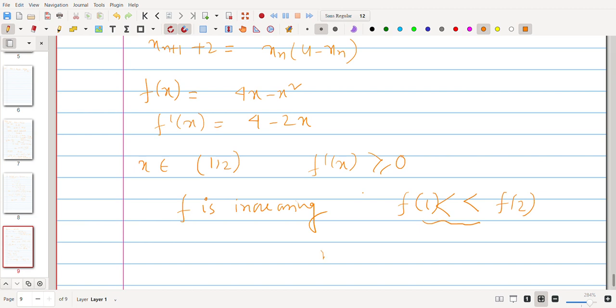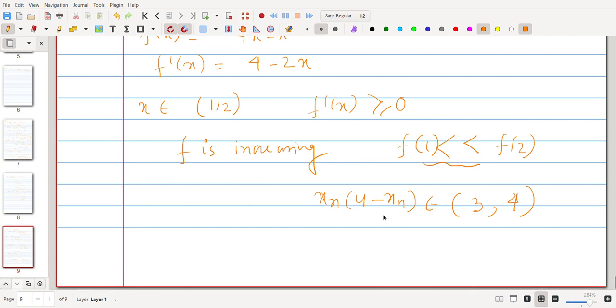That means x_{n+1} = 4 minus x_n... that belongs to, if I put x_n equal to 1, 3, and if I put x_n equal to 2, 3 comma 4. If I put x_n equal to 1, it is 3, if I put x_n equal to 2, that is 4. And it is increasing, right?